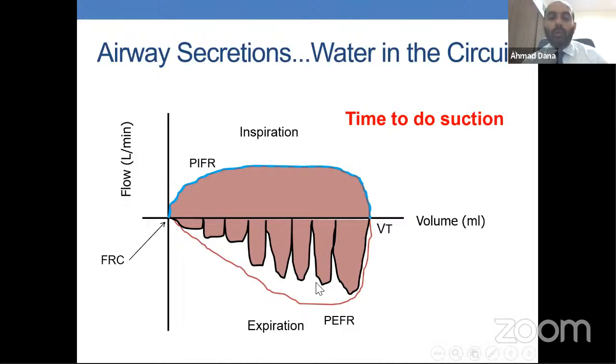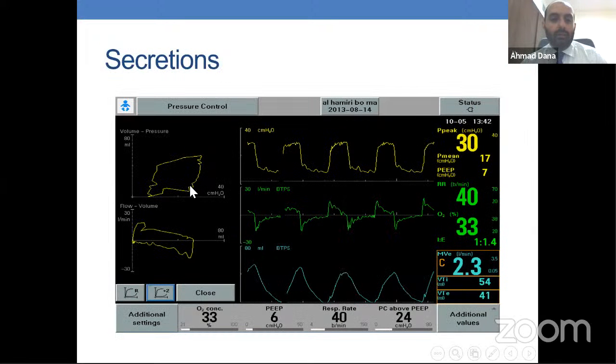The nurse will do suction only when you feel that there are secretions. How do you know that? From the waveform, as we said here. If the flow is moving in this way and it's not a clear line, this means secretions.